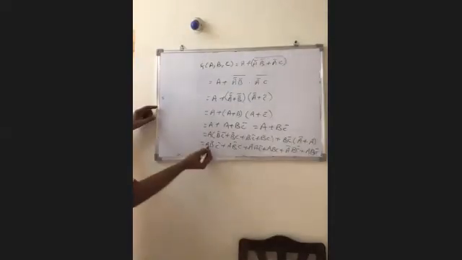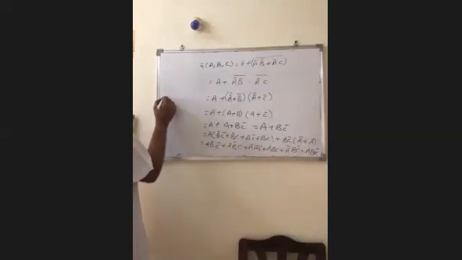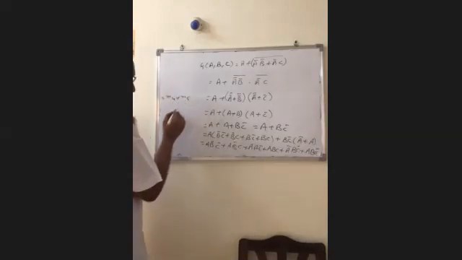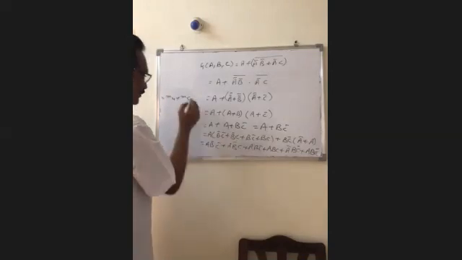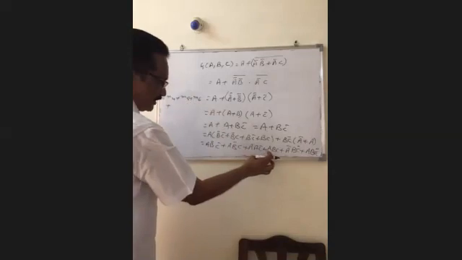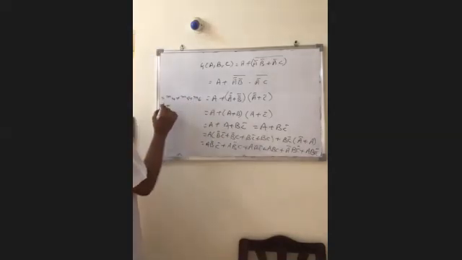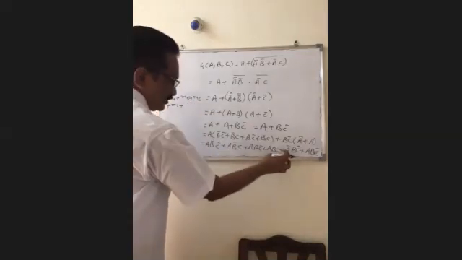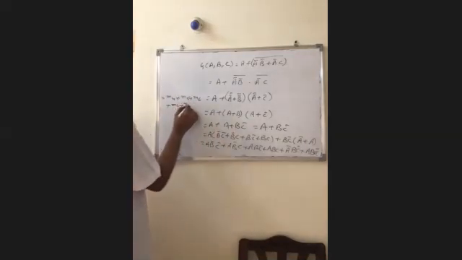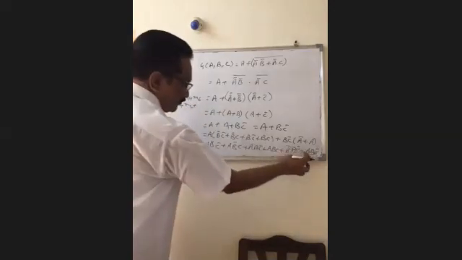So this one can be written as minterm 100, so minterm 4, plus 101 minterm 5, 110 minterm 6, 111 minterm 7, 010 minterm 2, 110.